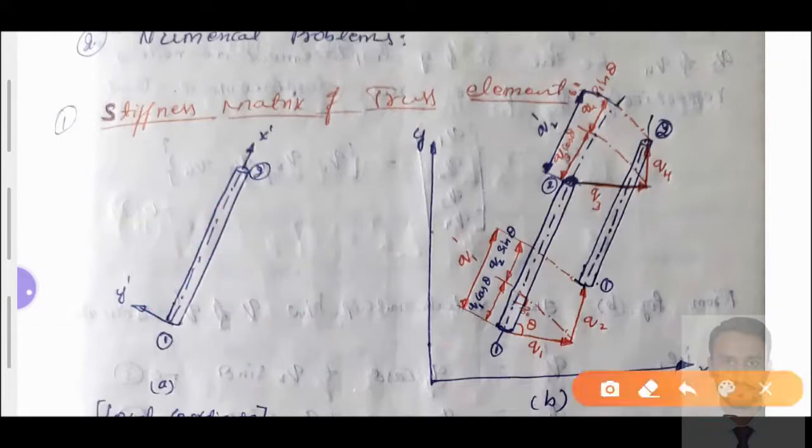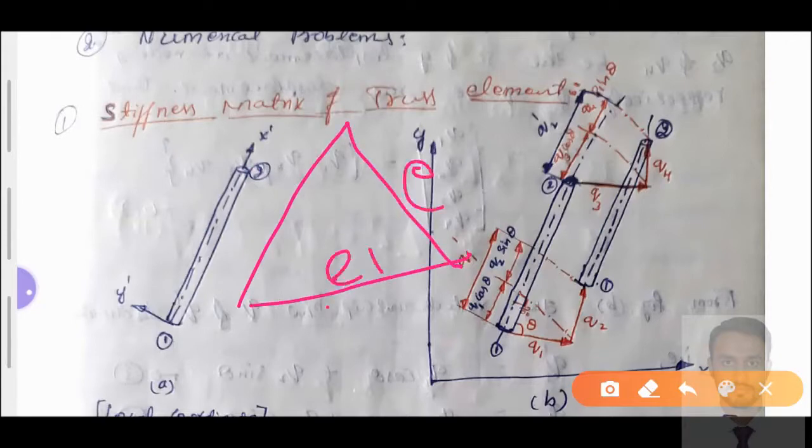Similarly, we have another type of truss element. This is element number 1 and element number 2. Or we have another type of truss, this one, with element number 1, element number 2, element number 3. All these types of trusses contain different elements, different shapes.